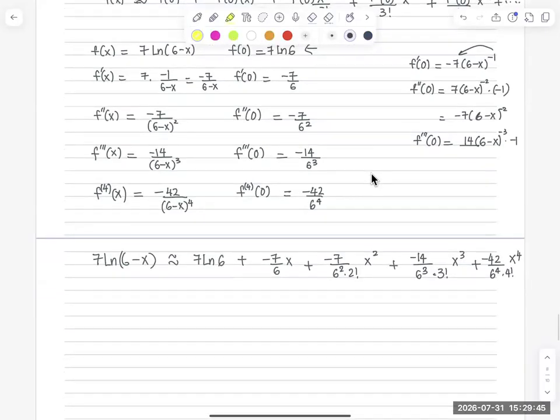So it turns out this is our C0, C1, C2, C3, C4.